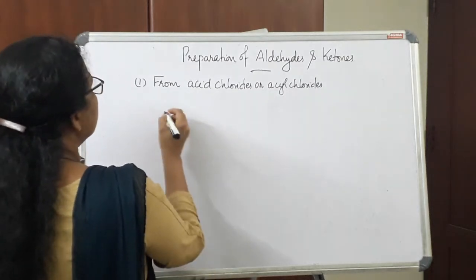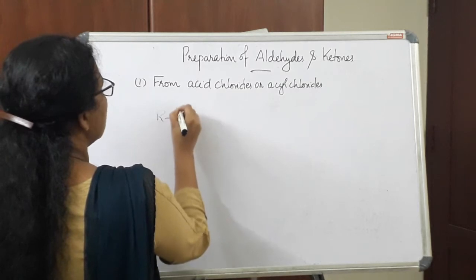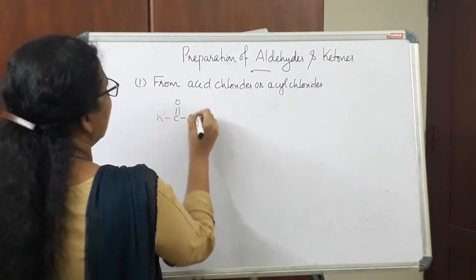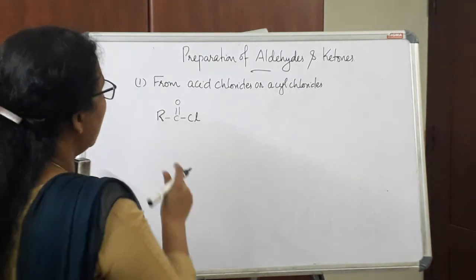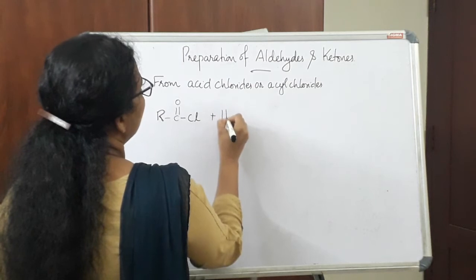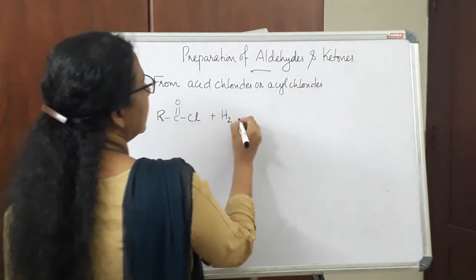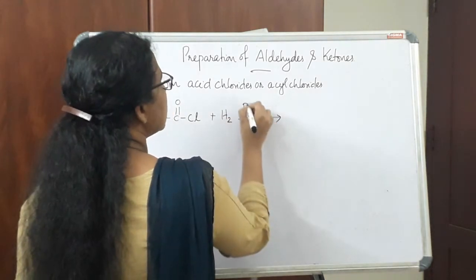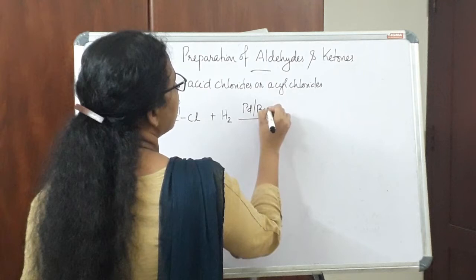Let us write the general equation, that is RCOCl. That is a general formula for acid chloride or acyl chloride, RCOCl, plus H2, that means addition of hydrogen. So it's a reduction reaction in presence of palladium supported by barium sulfate.